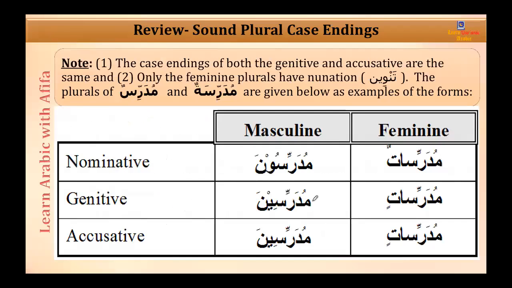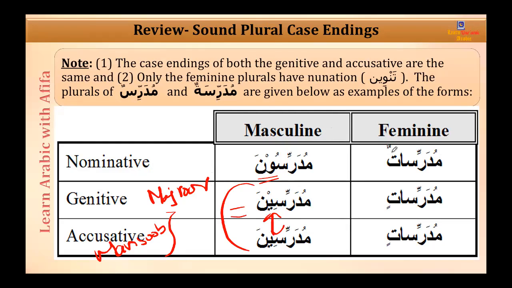So this is a review of what we studied today. The nominative case for masculine plural is with the suffix una. The genitive and the accusative case, which is this is the majroor, and this is the mansub case, are equal, and they both are shown by this ya.